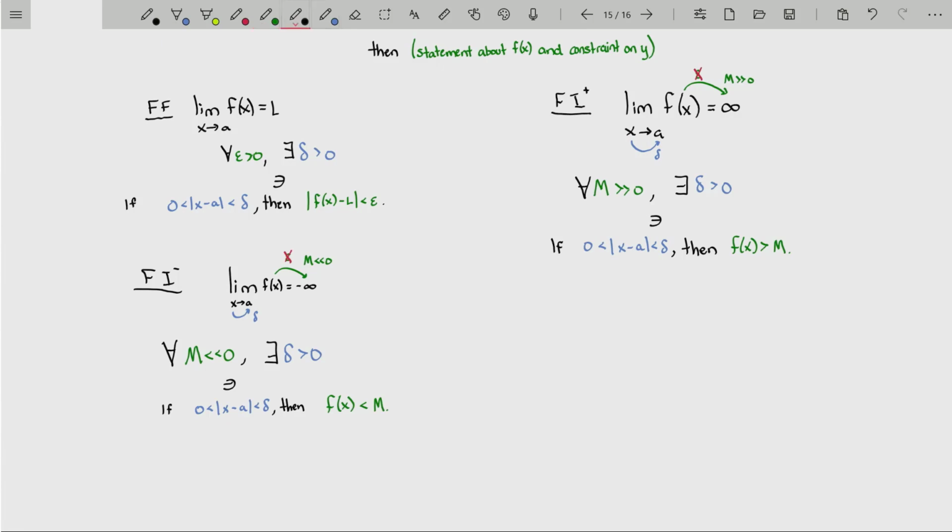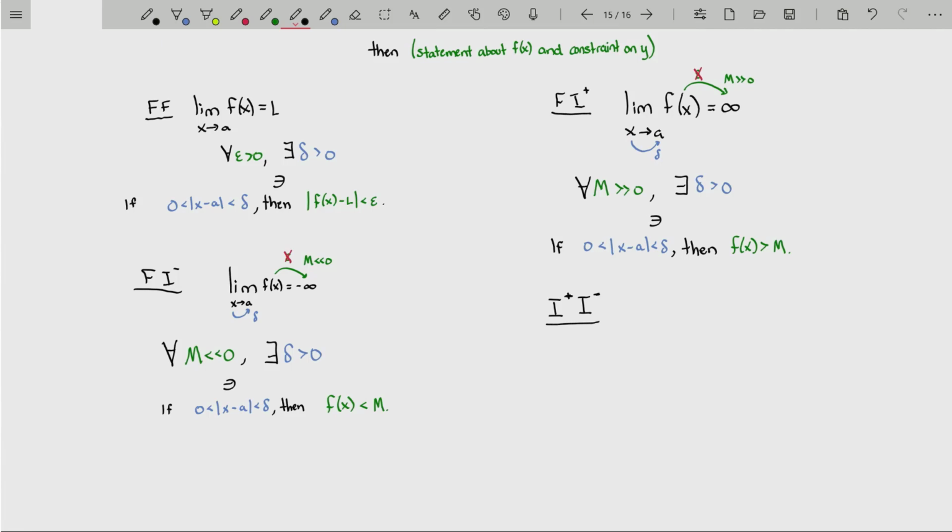Let's say that you have an infinite limit at infinity. So let's say we have something approaching positive infinity for the x values, and the y values are going to negative infinity. So it's infinite positive, infinite negative.